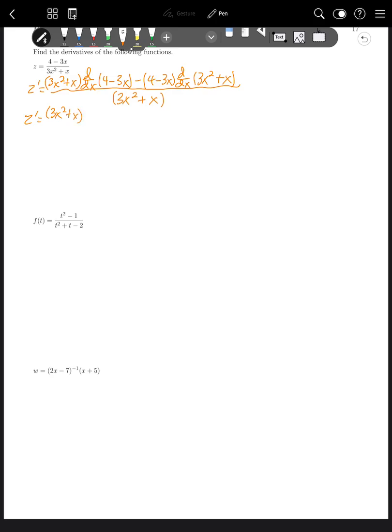So the derivative of 4 minus 3x, the derivative of 4 is 0. The derivative of negative 3x is negative 3. The derivative of 3x squared is 6x, and the derivative of x is 1. Okay, and now multiply out the top.